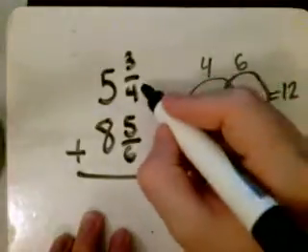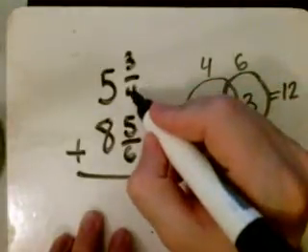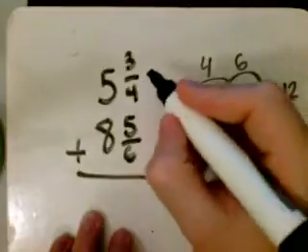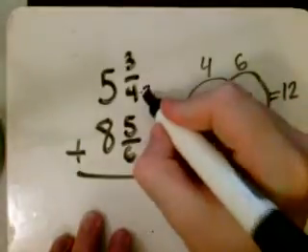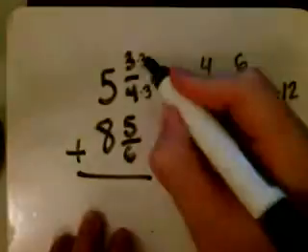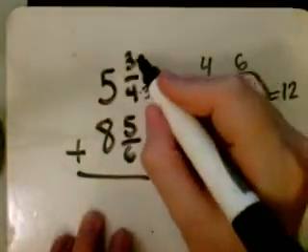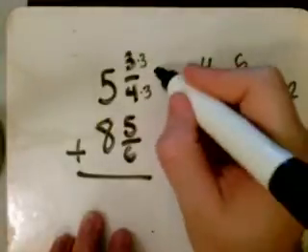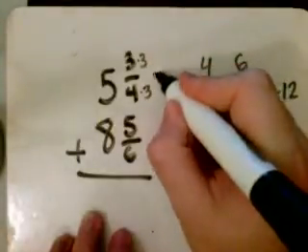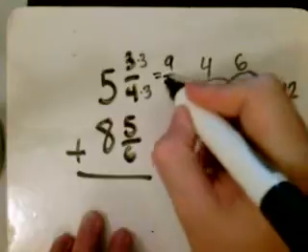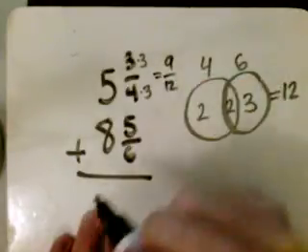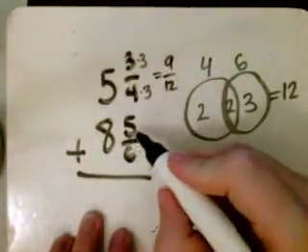So I want it to be 12, so what times 4 will give me 12? Yep, 3. So you multiply the top and the bottom by 3. So when you do that, you get 9/12.